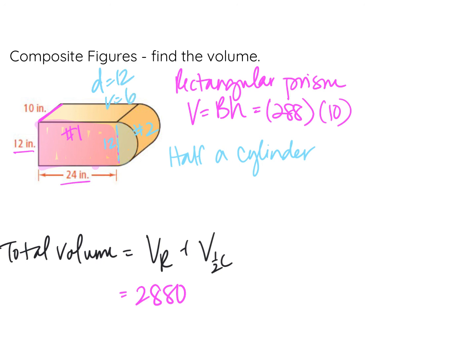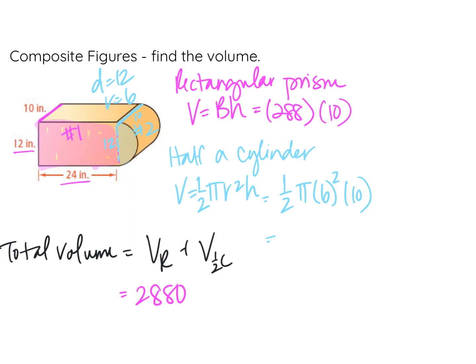Okay, so that would be 6. And volume of a cylinder is just pi r squared h. So the only difference is we're just going to take half of that. So I'm going to take half of pi times 6 squared. Now, again, this would be the height because it's connecting the two bases, the two circles, and that's 10, just like it is over there.